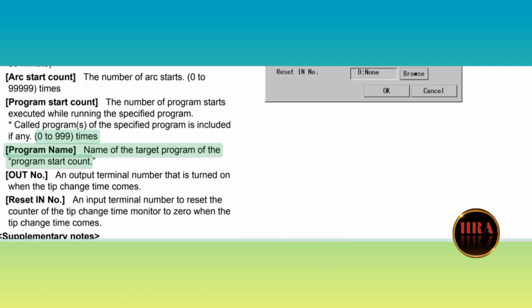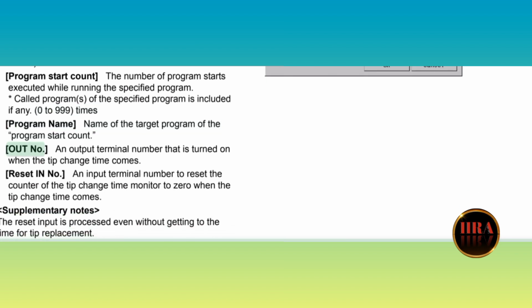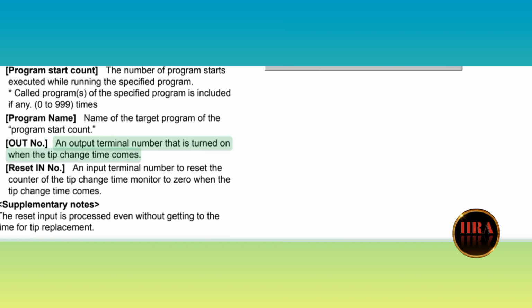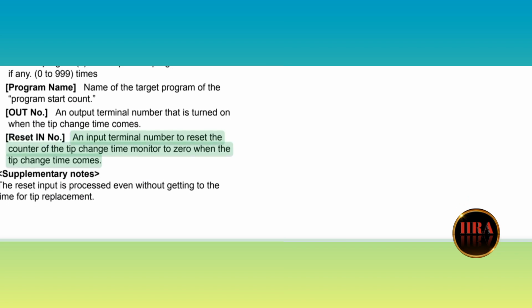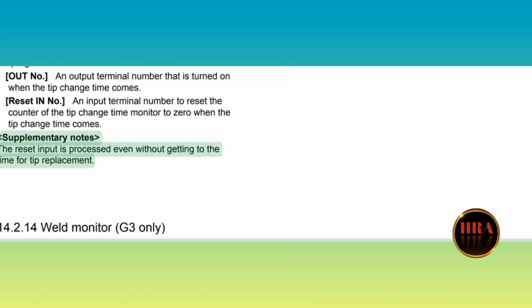Program name, name of the target program of the program start count. Out no. An output terminal number that is turned on when the tip change time comes. Reset in no. An input terminal number to reset the counter of the tip change time monitor to 0 when the tip change time comes. Supplementary notes: the reset input is processed even without getting to the time for tip replacement.